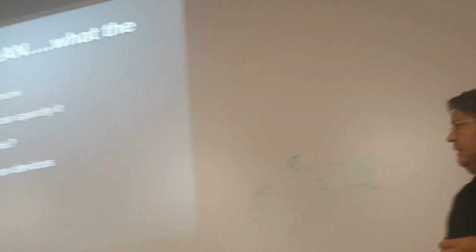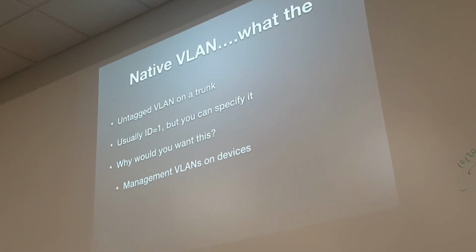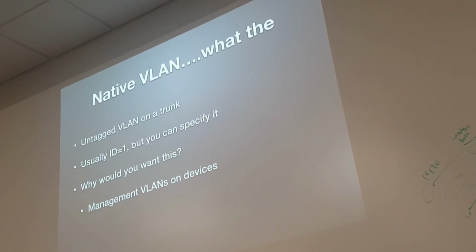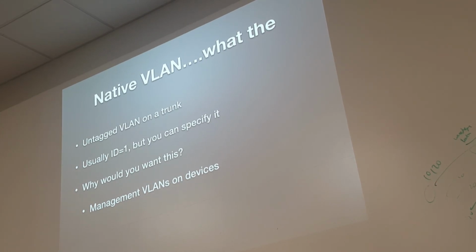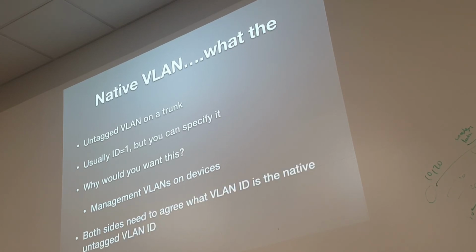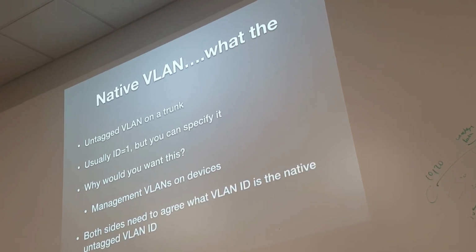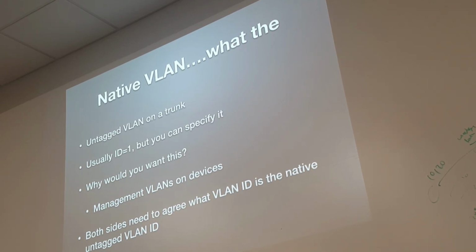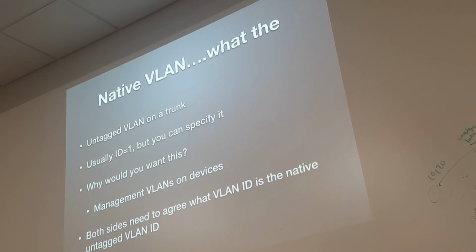We'll talk more about this later, but it just allows us to pass another VLAN through that's not tagged. Normally on a trunk port, everything is tagged, but you get one little extra thing called a native VLAN that lets you pass untagged. Both sides have to agree on what VLAN is the native untagged VLAN, say 30 on both sides. Otherwise, they throw errors and cry.